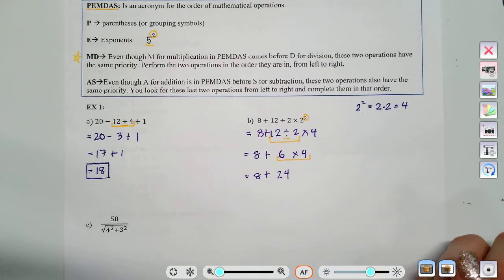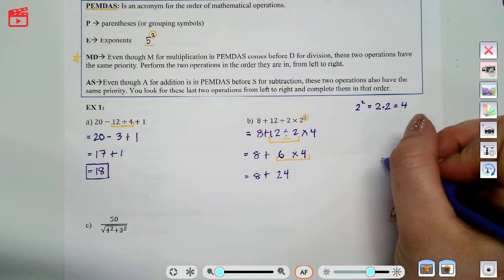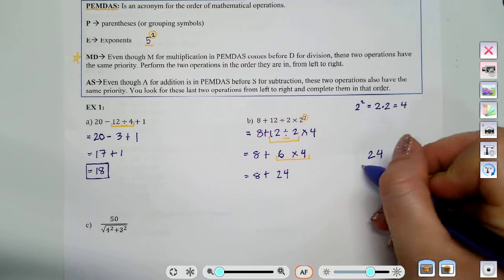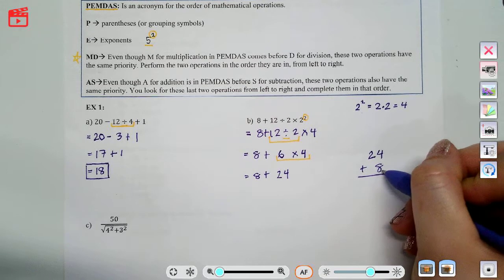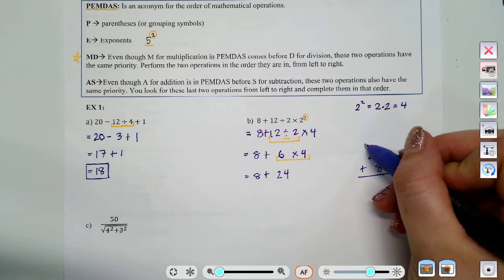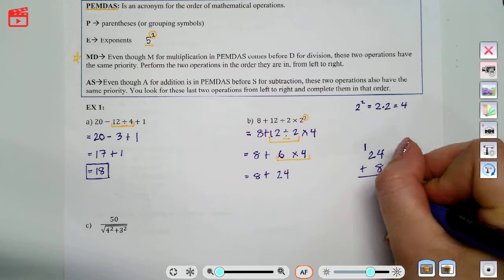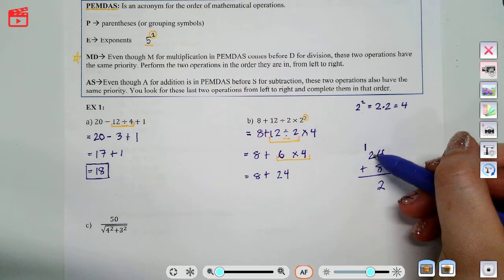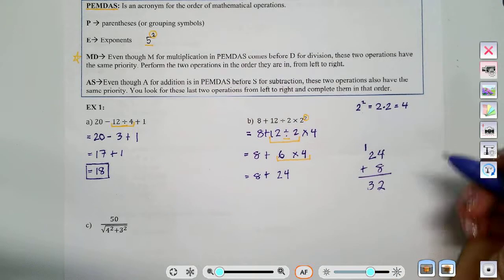Last thing, we have addition. That's going to be 24 plus 8. 4 plus 8 is going to be 8, 9, 10, 11, 12. So we'll carry that 1 for the 12 and drop the 2. There is nothing here, so that's just going to be 2 plus 1, which is going to be 32.